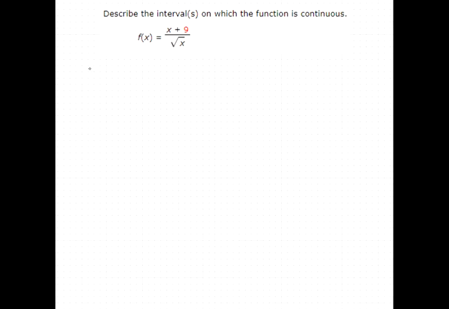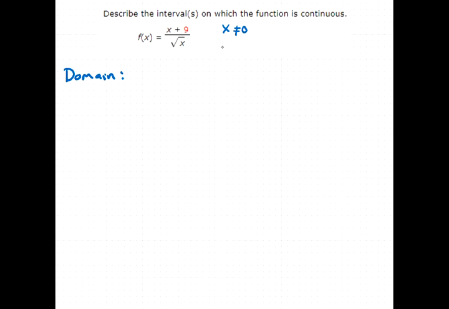So the domain of this function is, well, we know x cannot equal 0, because that will give you a 0 on the bottom of the fraction.